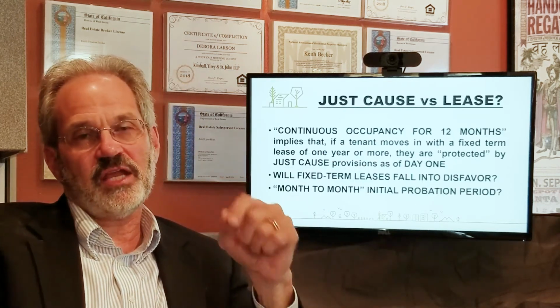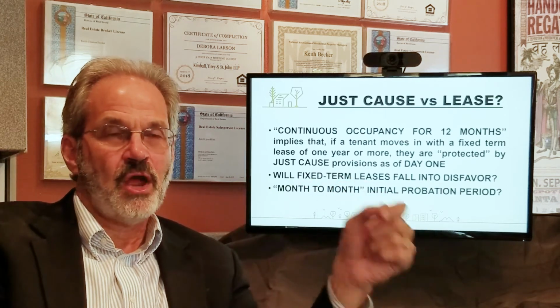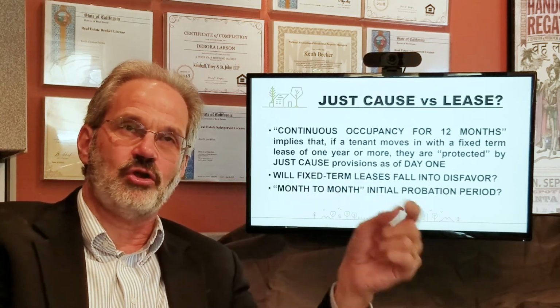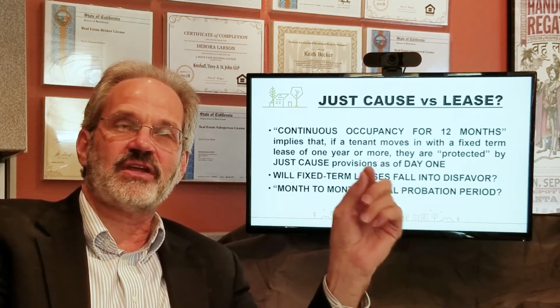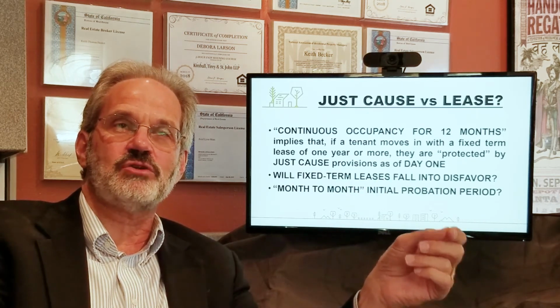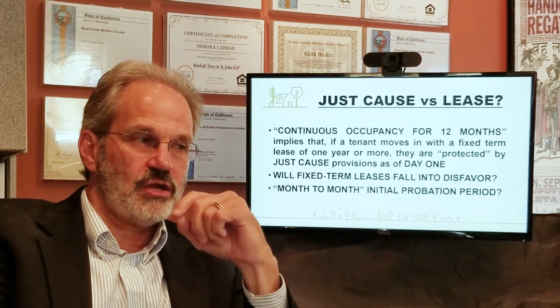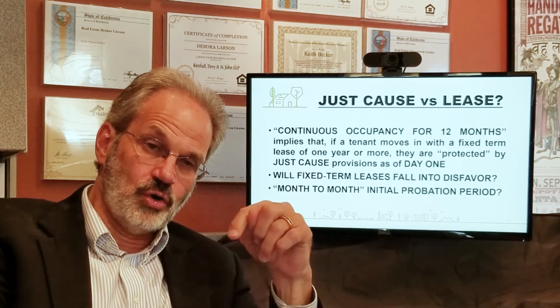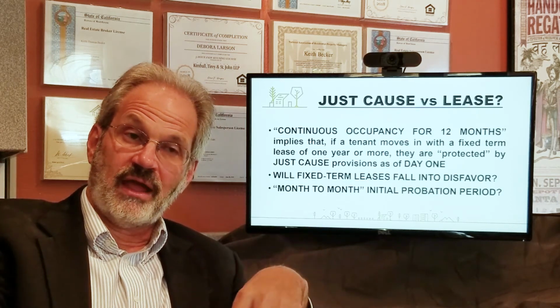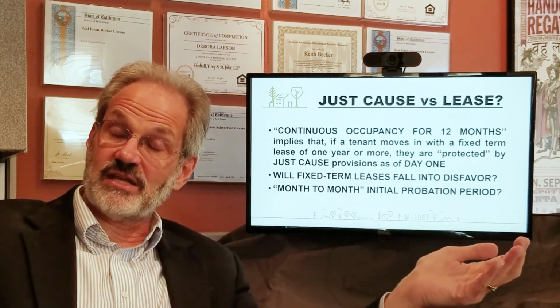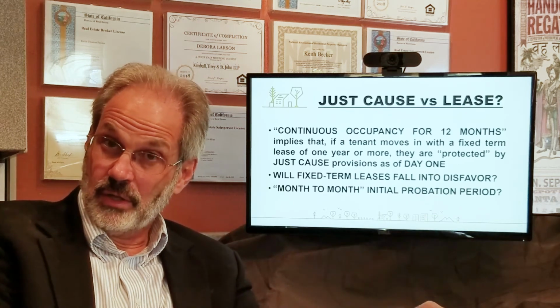Now, continuous occupancy for 12 months. What that means is if you have a tenant who moves in and they sign a 1-year lease at the time that they move in, and the continuous occupancy goes into effect 12 months later, theoretically, you have tenants who could conceivably be legally protected as life estate tenants from day one.